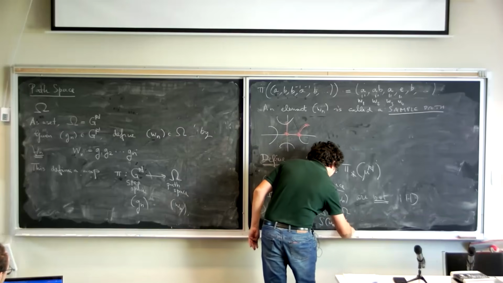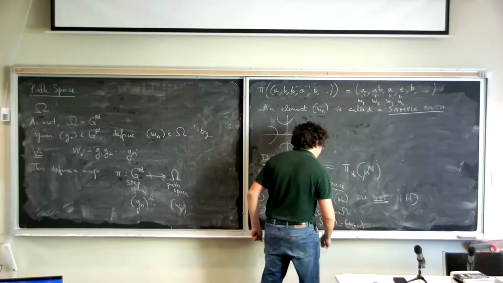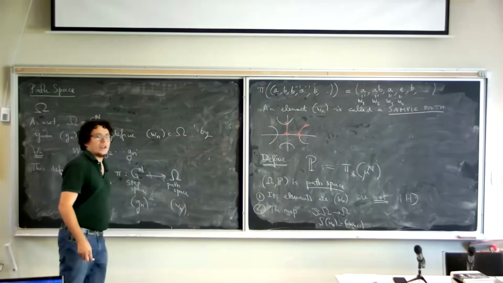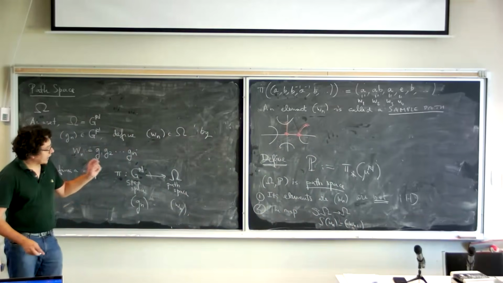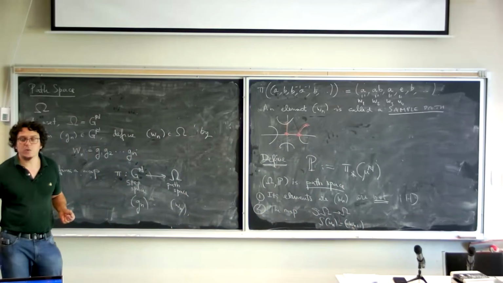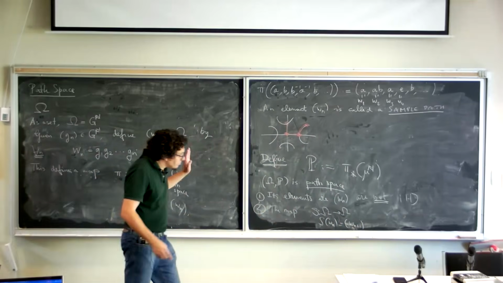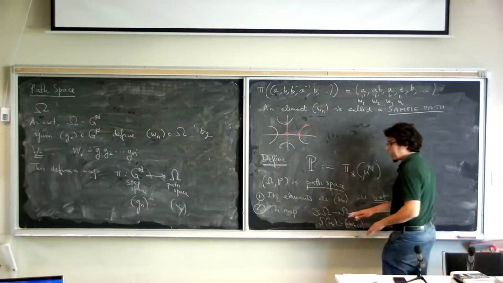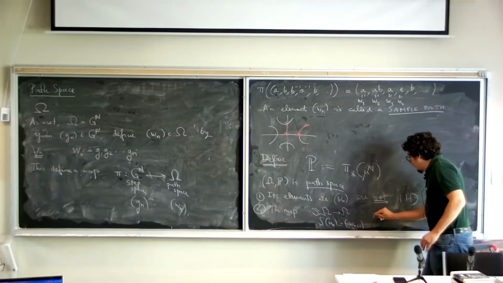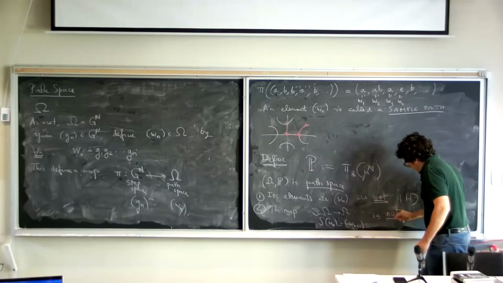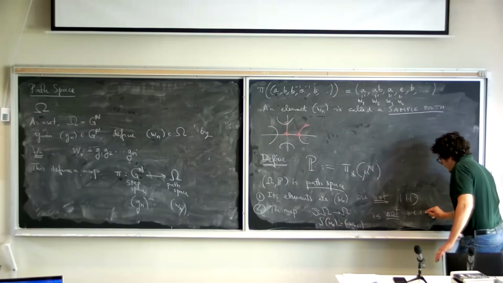S(W)n is W(n+1). Okay, this map is forgetting the first location of the walk. This map is a map that actually we will talk about, but it is not measure preserving.